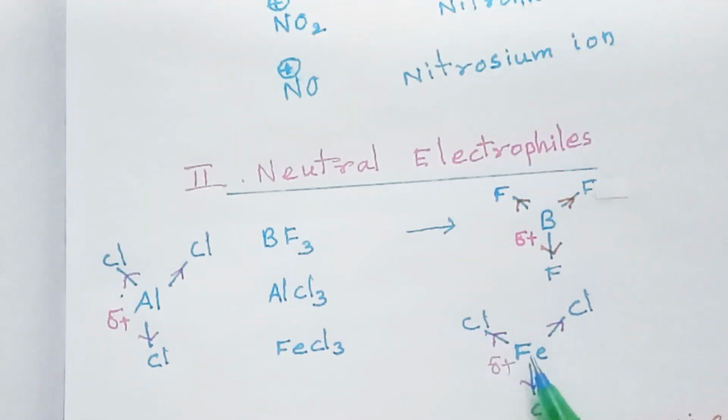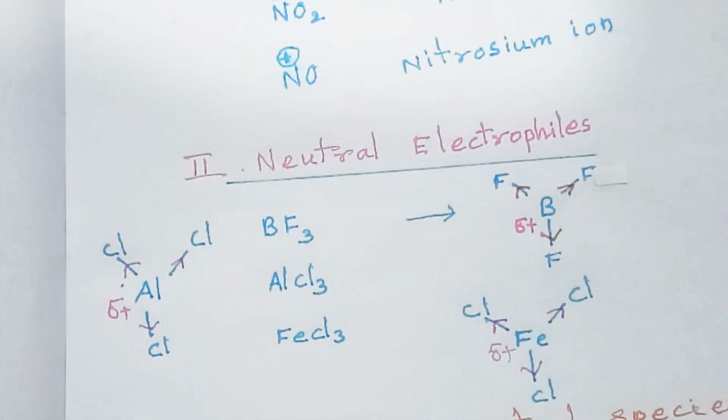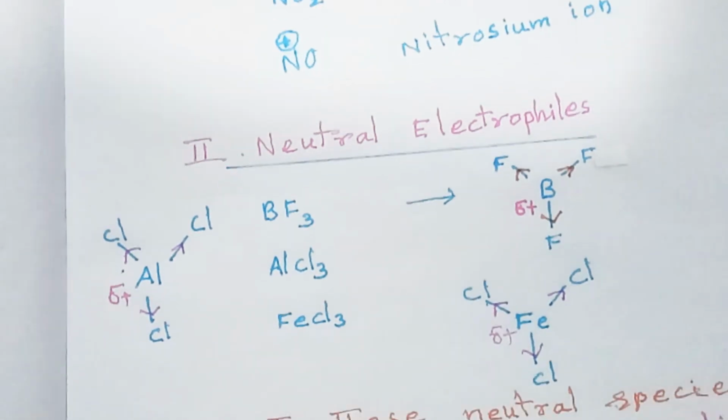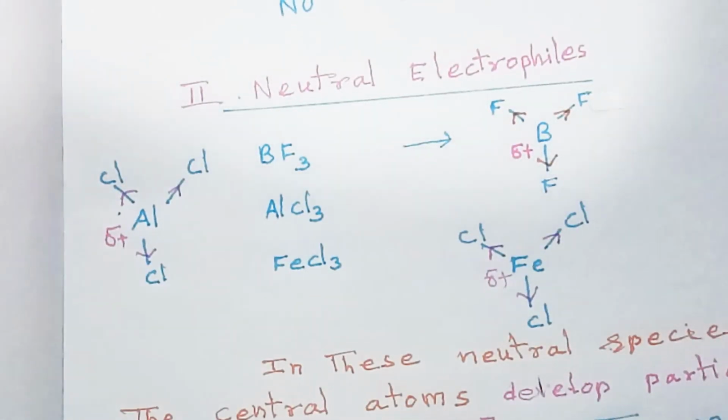So the iron atom develops a partial positive charge on itself, so it becomes an electrophile. So these are neutral electrophiles. In these neutral species, the central atoms develop a partial positive charge as the more electronegative halogens pull the shared electrons towards them.